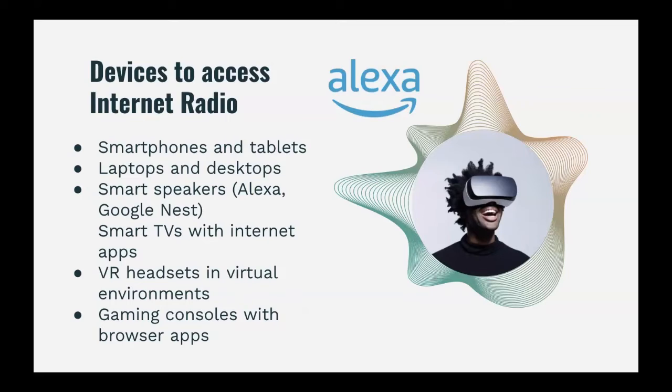Even smart speakers, for example, Alexa or Google Nest, you can access it with, as well as smart TVs with internet applications. Something very interesting that I actually didn't know about was that you can access it using VR headsets in virtual environments, as well as gaming consoles with browsers. So there's lots of different ways that you can actually use internet radio.